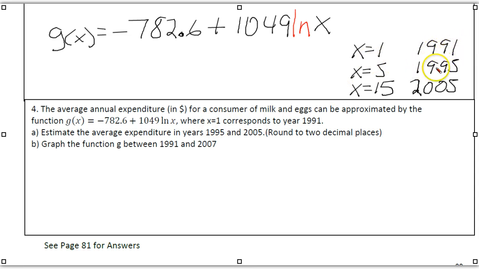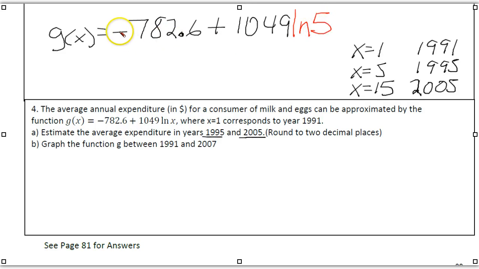So 1995 would be 5, and 2005 would be x is 15. They want us to do it for 1995 and 2005. So we're going to substitute our x here after we erase this x, as a 5.